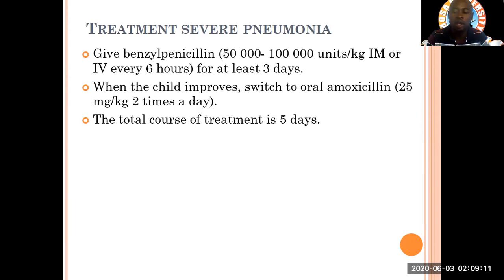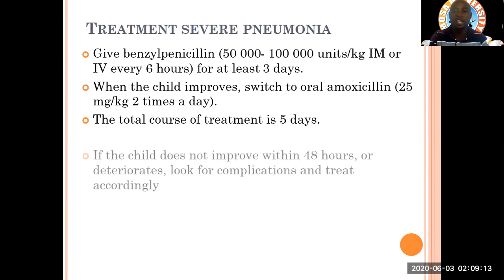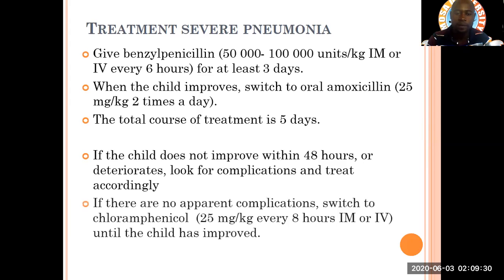3 days will go with the IM medication, benzylpenicillin. When there's change in the next 2 days, we'll switch to oral amoxicillin. If this child does not improve within 48 hours, or the condition seems to deteriorate, you look for complications and treat them accordingly.